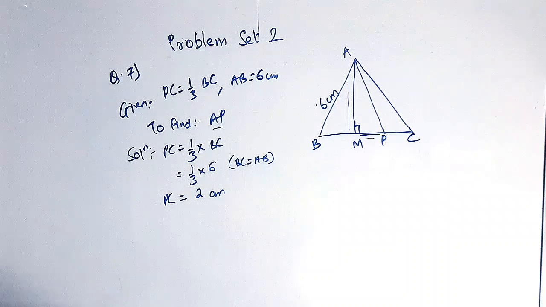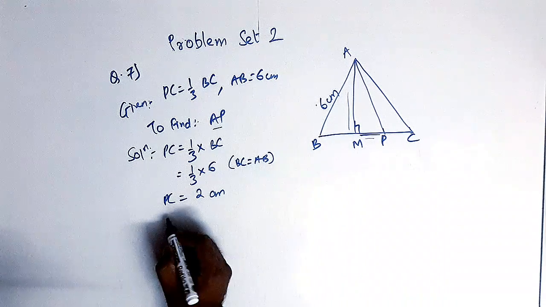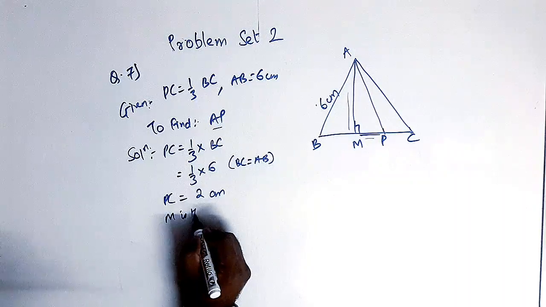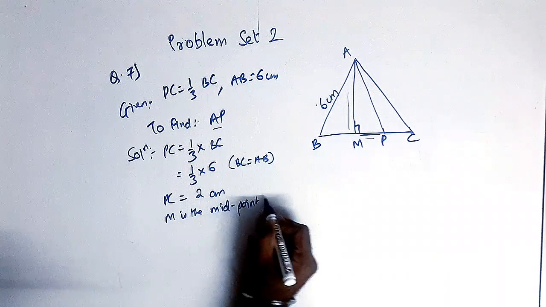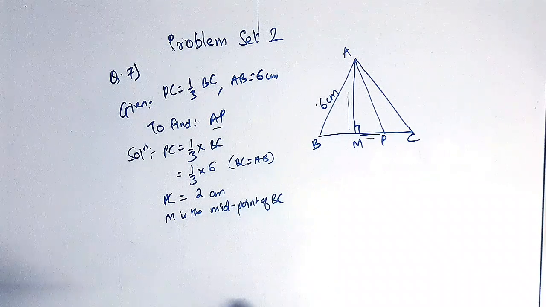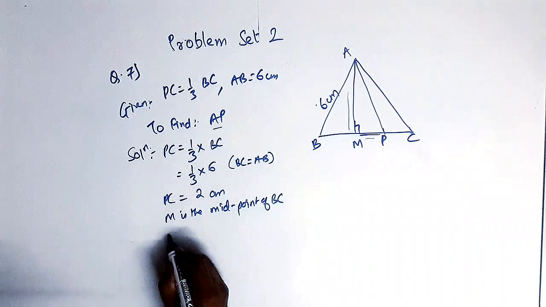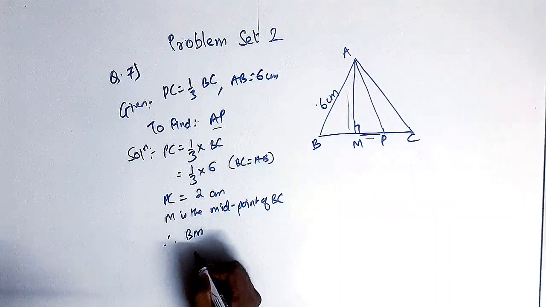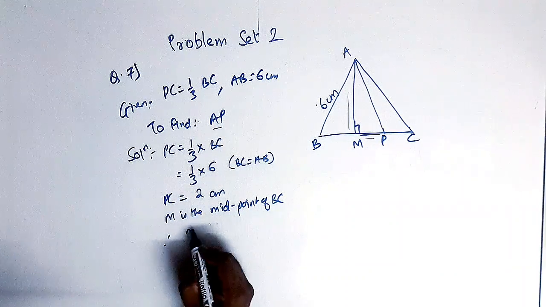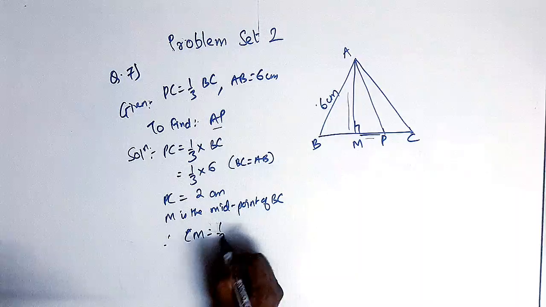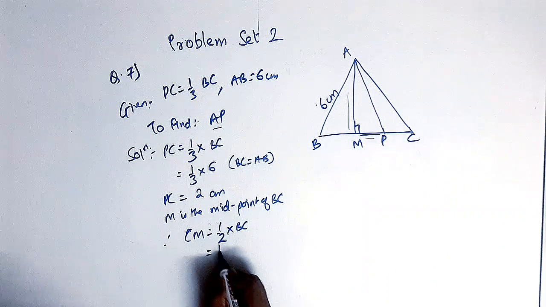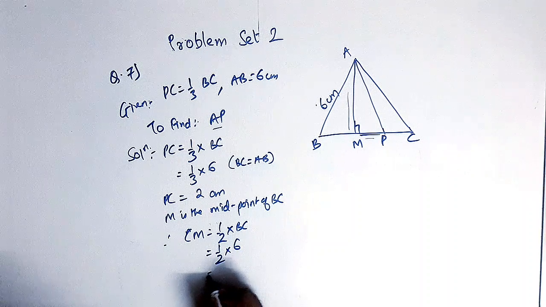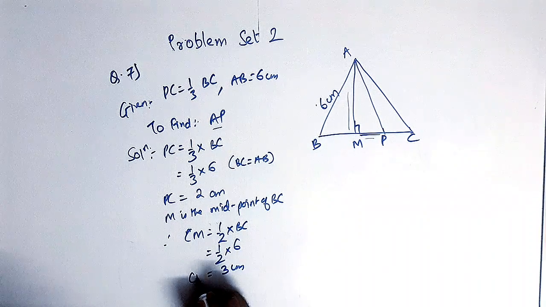Now if you see, M is the midpoint of BC. Therefore BM, or I'll write CM, is equal to half of BC. CM is half of 6, so it is 3 centimeter.